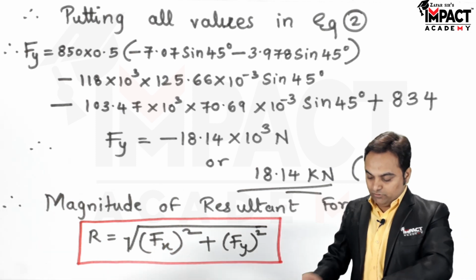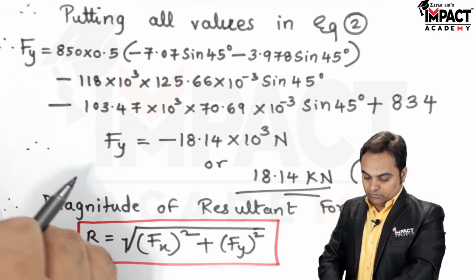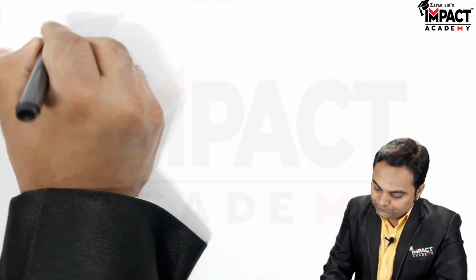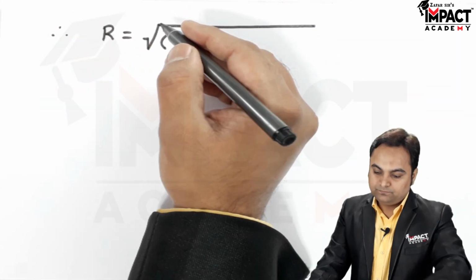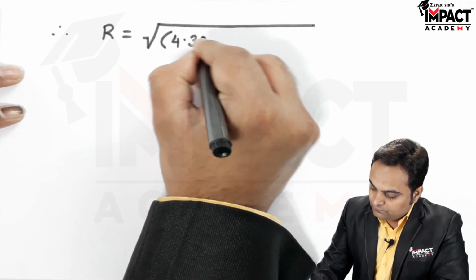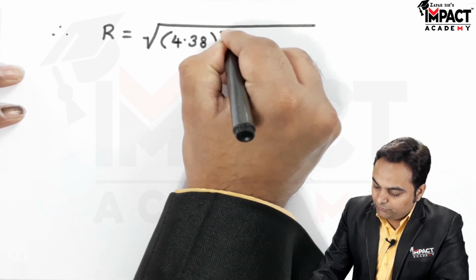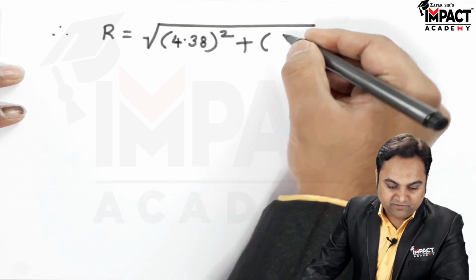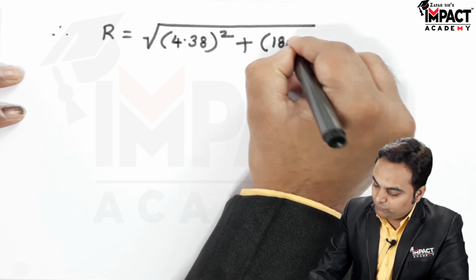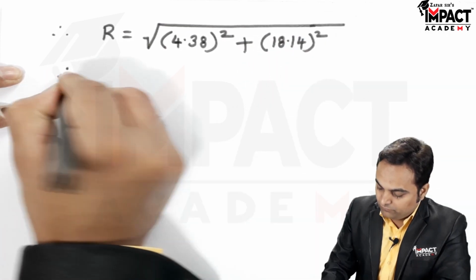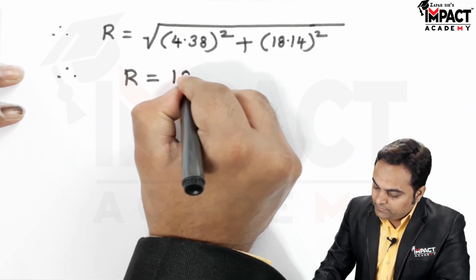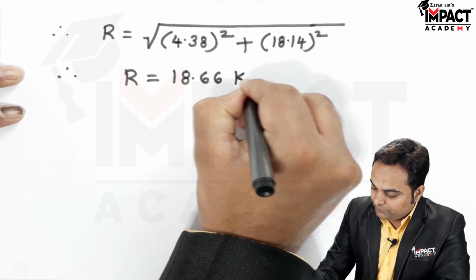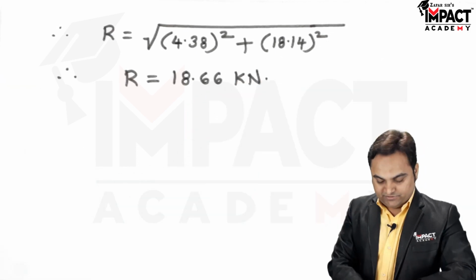So I'll just put the value of Fx and Fy to get the resultant. Fx is 4.38 kilonewton square plus Fy 18.14. So from this, the resultant force comes out to be 18.66 kilonewton. So that's the first answer.